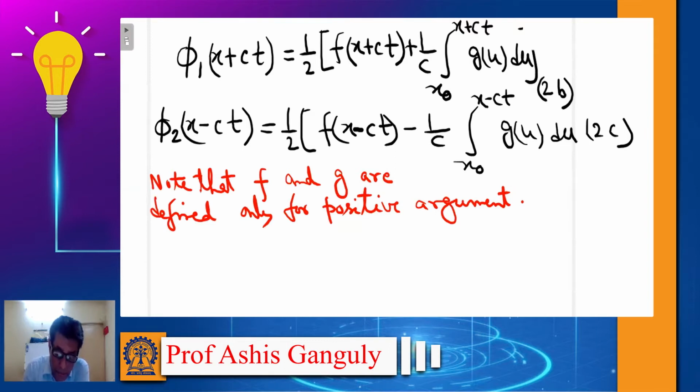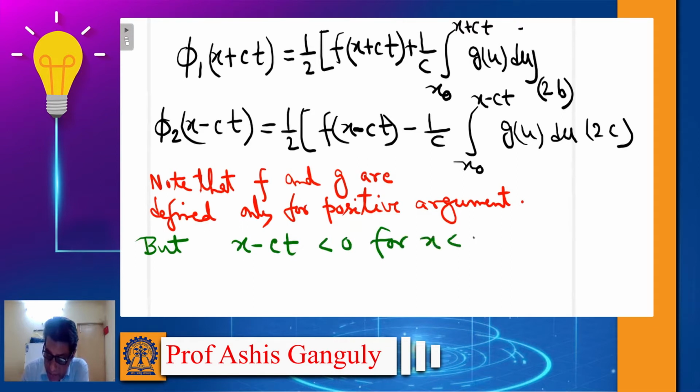But x minus ct is less than 0 for x less than ct.